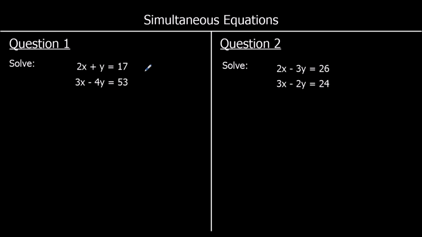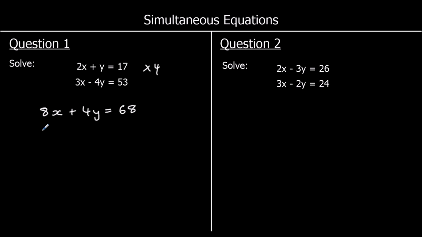So I'll do that. I'll multiply the top equation by 4. I'm going to multiply every term in the top equation by 4, which will give me 8x plus 4y equals, so double 17 to 34, double it again, 68.